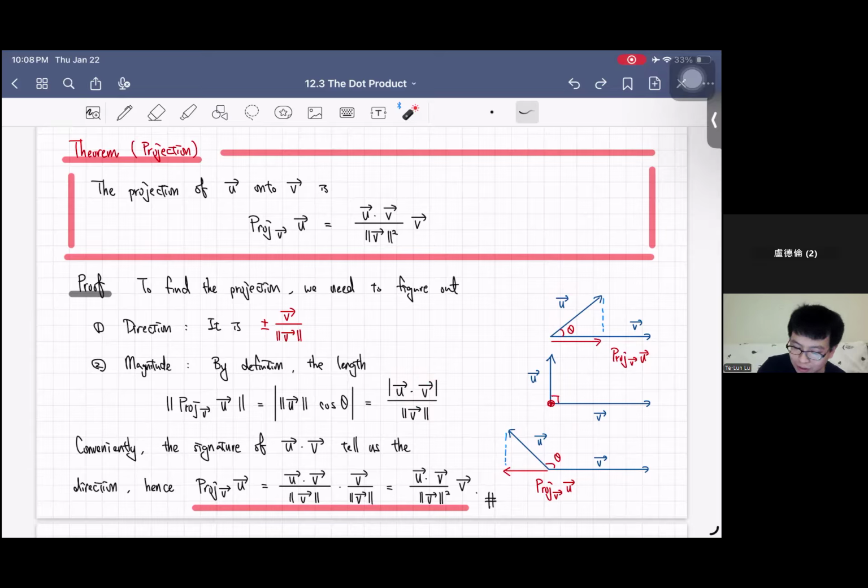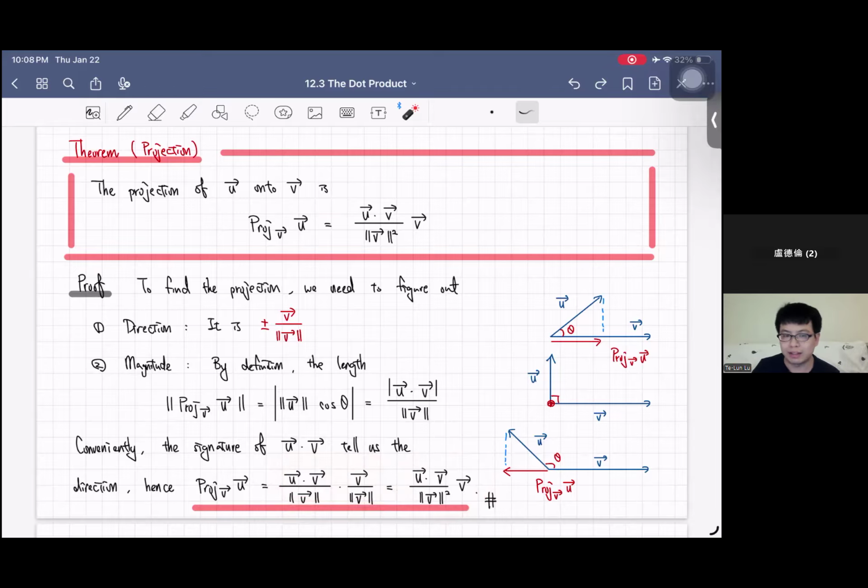This guy may or may not be negative, may or may not be positive. But anyway, the positive determines the same direction as v. The negative determines the opposite direction to v. So the magnitude multiplied by the directional vector, you get our formula, right?